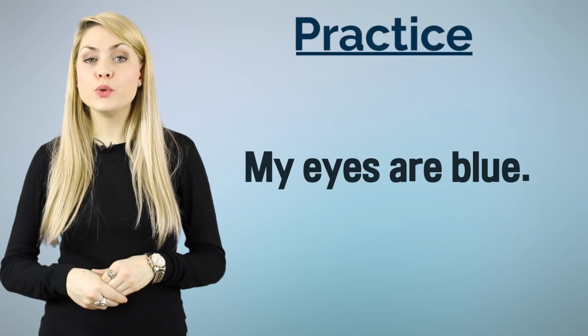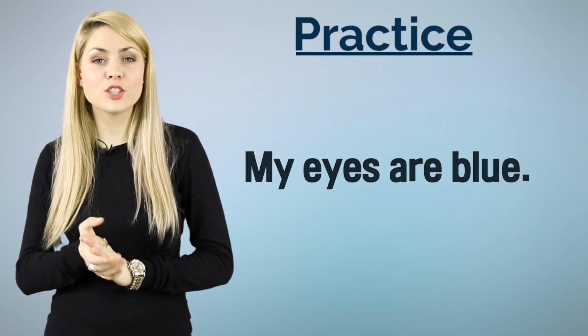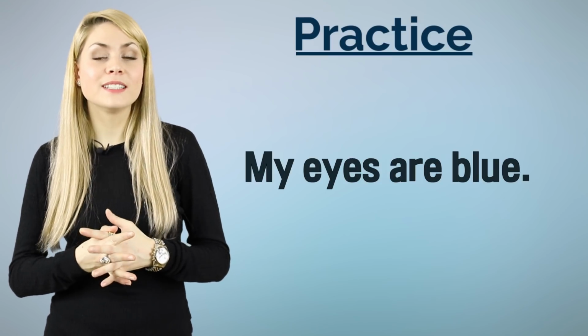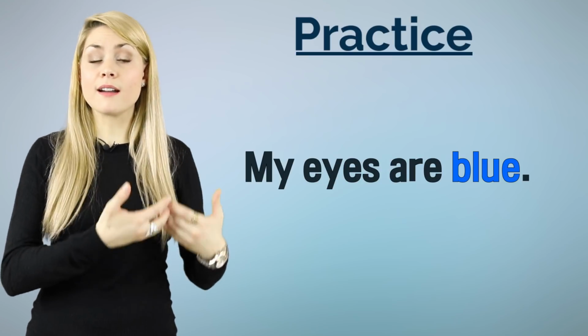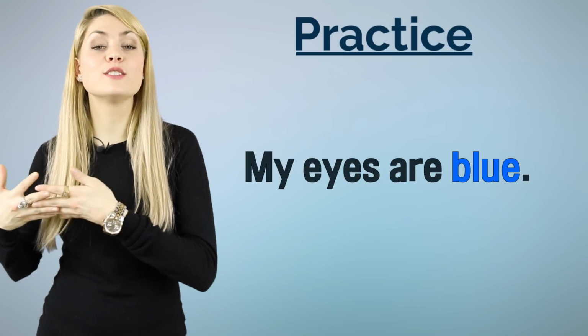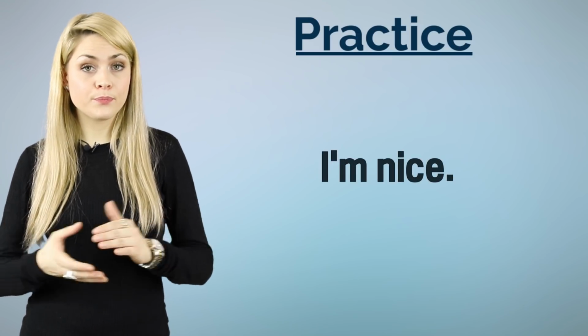My eyes are blue. Now that's a different sentence. Can you spot the adjective? The adjective is blue. What's blue? My eyes. My eyes is the subject of the sentence and the adjective is blue. I'm nice.